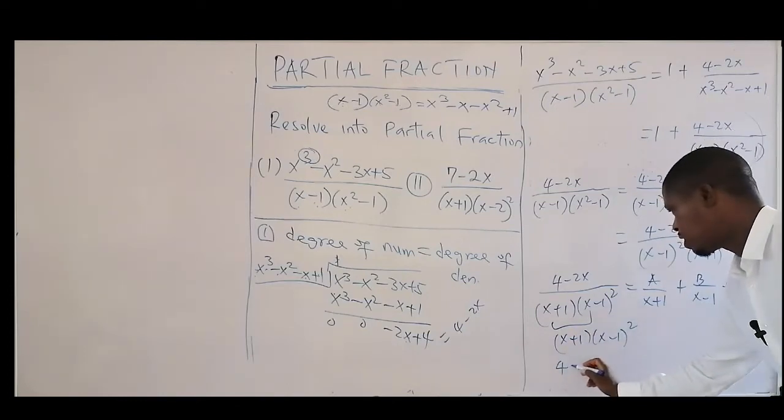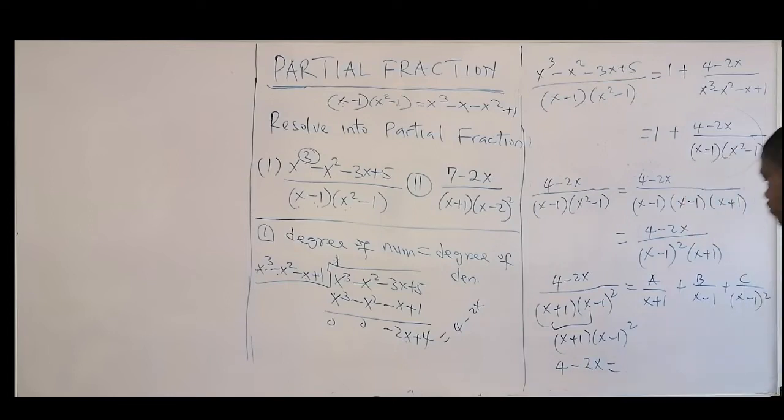So that will be 4 minus 2x equal to A, x plus 1 we cancel, and then we have x minus 1 squared, plus B, x minus 1 we cancel, so it remains x plus 1 and x minus 1. Then plus C, x minus 1 squared we cancel, then we just have C into bracket x plus 1. So that's what we have there.